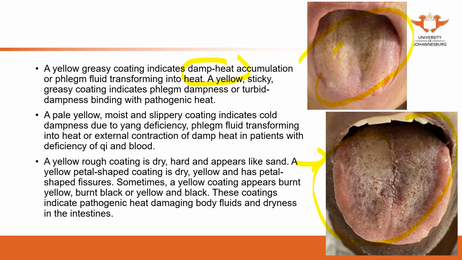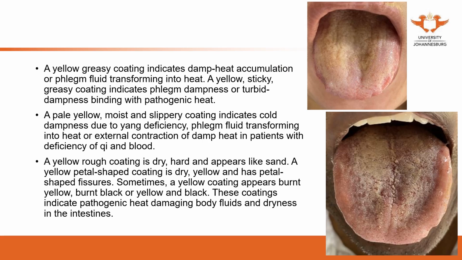So there's a conflict here. When you see this kind of coating, you need to think about what's the cause. Firstly, what I will do, I will ask the patient, did they drink coffee or did they take any medicines that have colors? Because this color can be dyed. If the color is dyed, it indicates it's a false color.